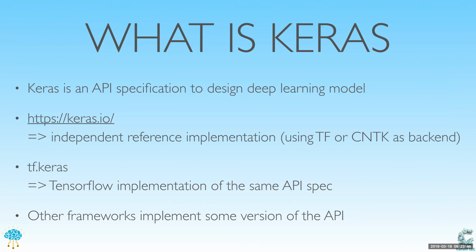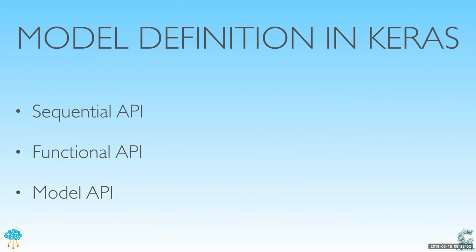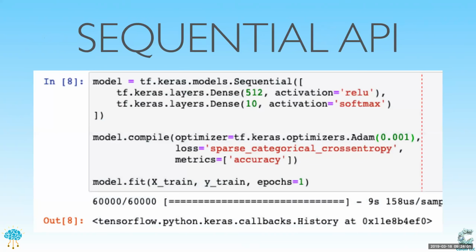Let's take a look at how you define models in TF Keras, because there are a couple of differences with respect to the open source Keras. There are three ways of defining models: the sequential API, the functional API, and the model API. The sequential API, I assume most of you are familiar with, so I'm going to focus on the changes.